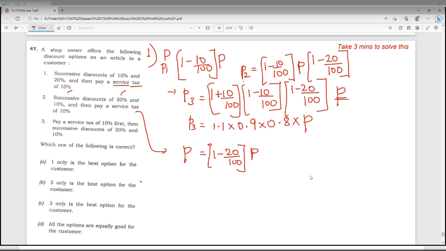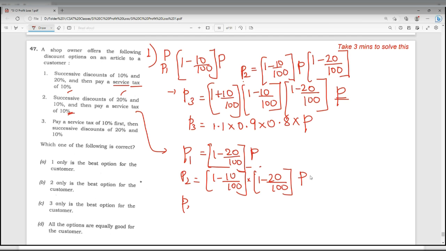This is P. P1 is the 20% discount, and then P2 is the 10% discount, 1 minus 10% of P1. So instead of writing P1 here, I would write the value of P1 directly, that is 1 minus 20 by 100 into P. This is P2, and then you have to pay a service tax of 10%.